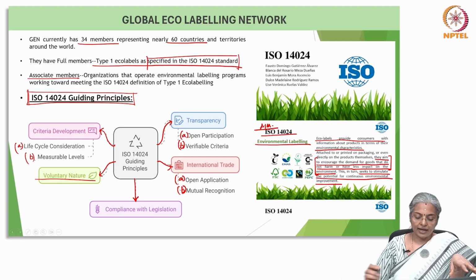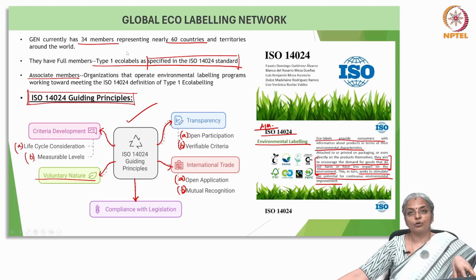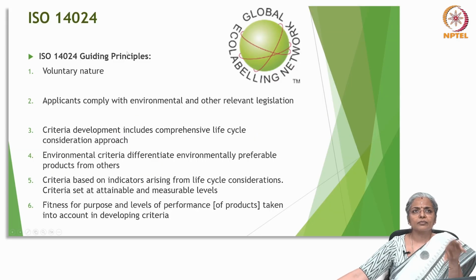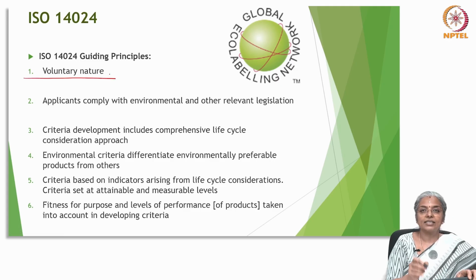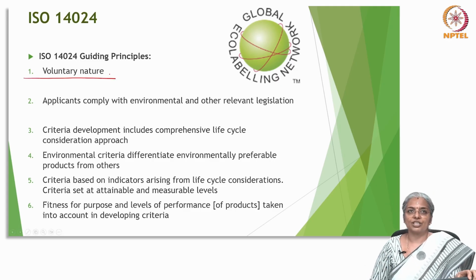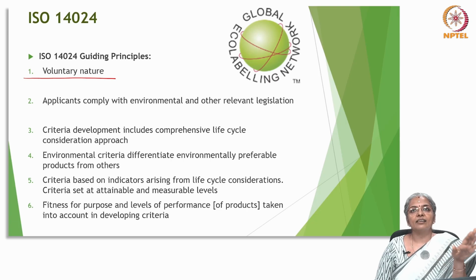Now, we will look at the guiding principles of ISO 14024. The first and foremost guiding principle is that it is voluntary in nature. Applicants will comply with environmental and other relevant legislation.